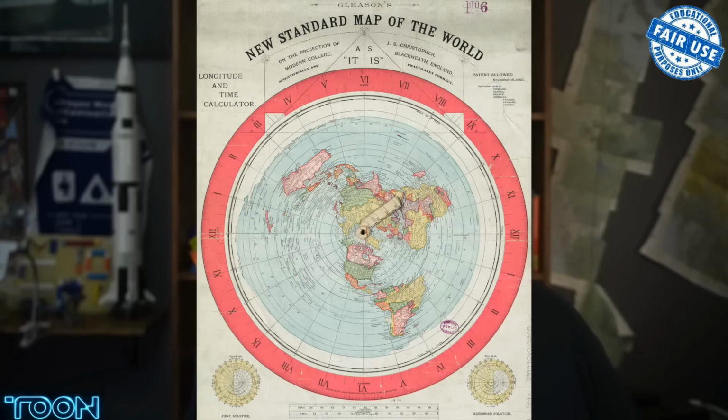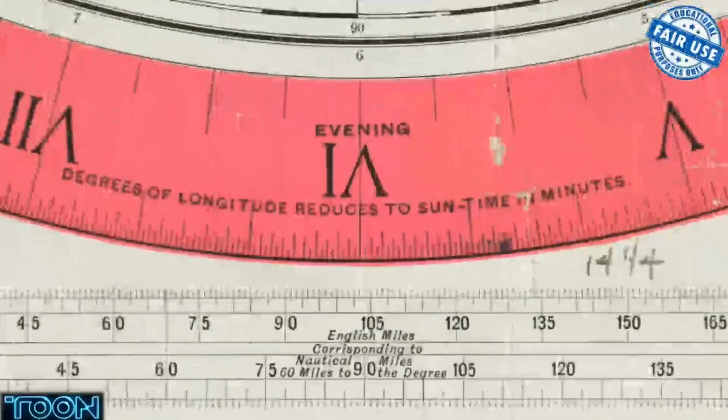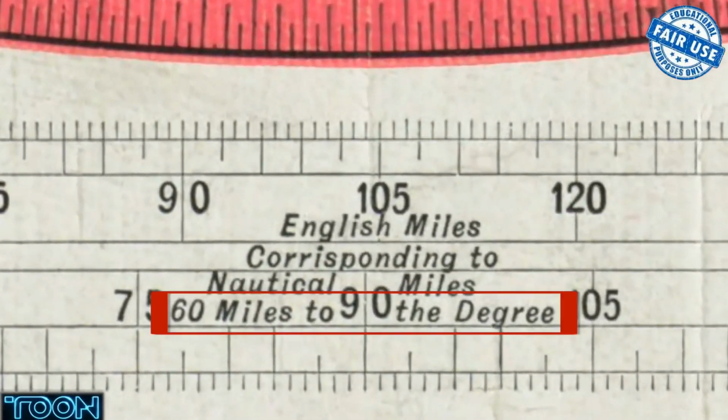Well, we can use Flat Earthers' favorite map, the Gleason's map, where it states that there are 60 nautical miles between each degree latitude. Mariners have completely relied on 60 nautical miles per degree latitude for centuries. Are there any flat earthers who want to argue against that? Well, you'll first have to show that centuries of celestial navigation never worked.